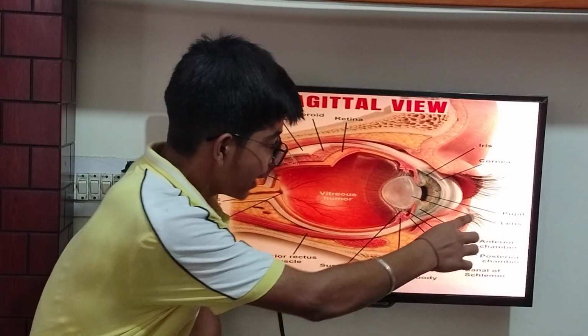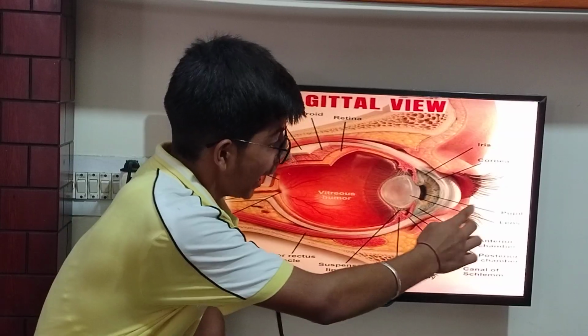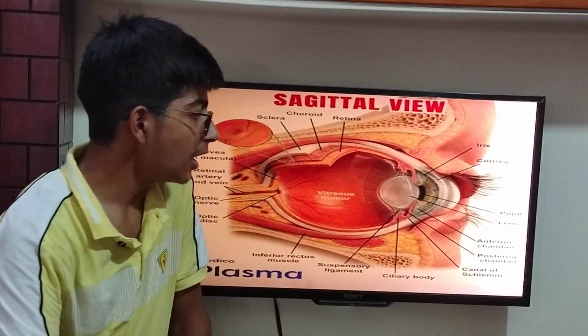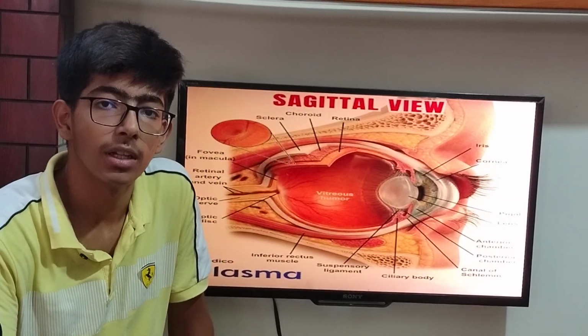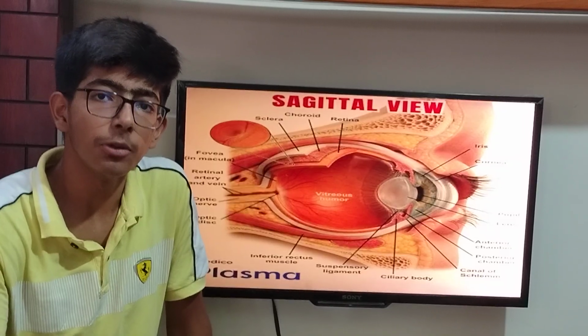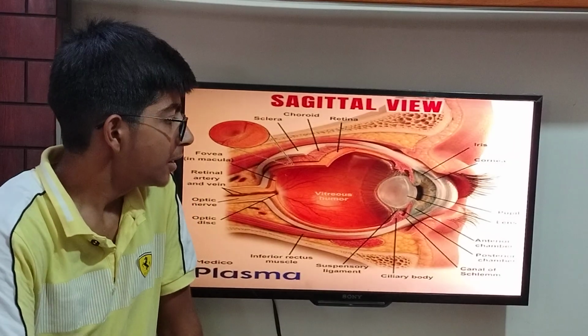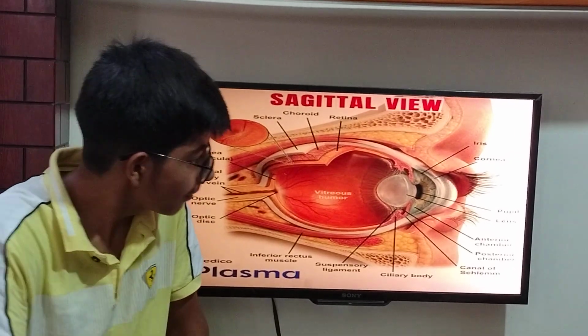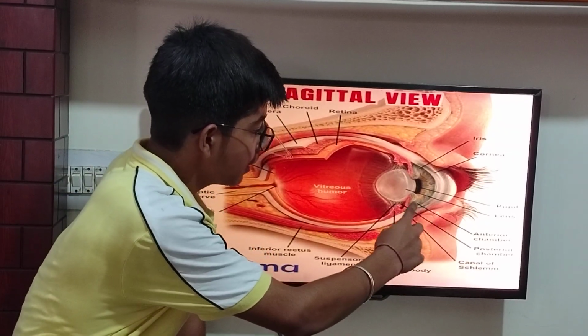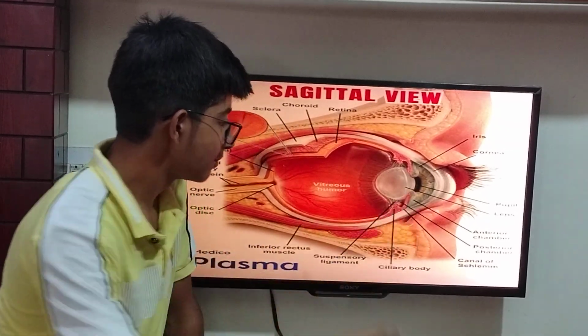Between cornea and this lens and this iris, there is a fluid called aqueous humor. This fluid helps in providing nutrition to the cornea. This is very integral for our eye. Then here comes our iris, and here is the pupil.